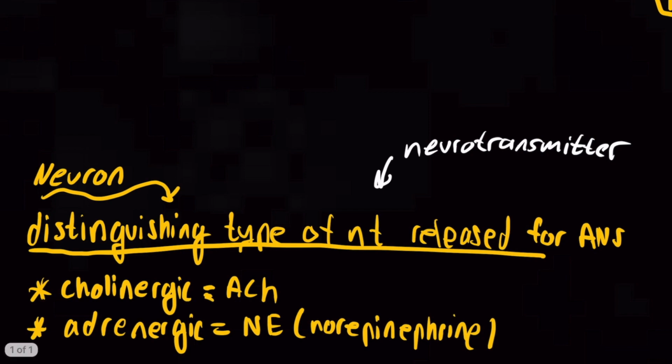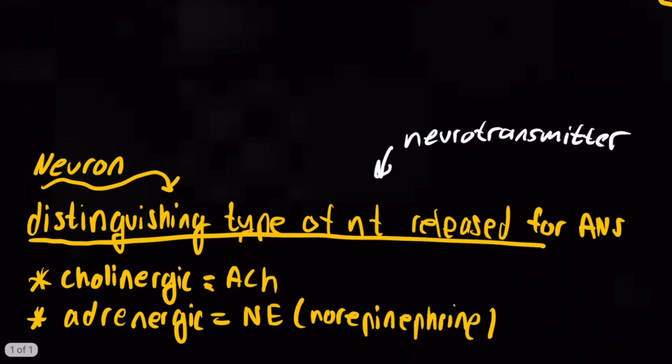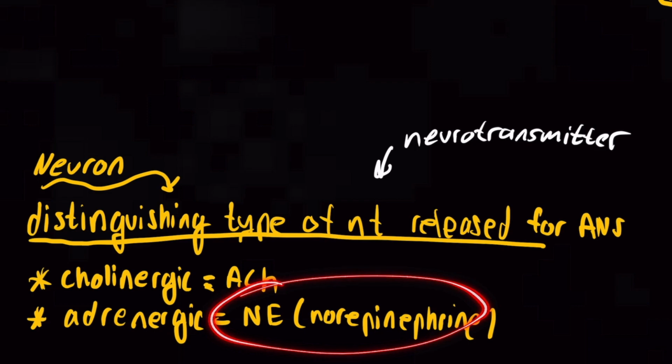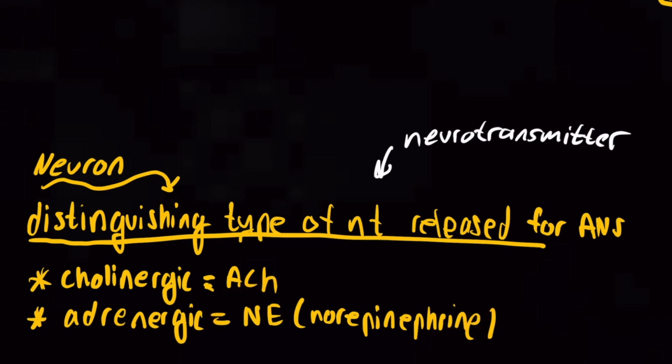So if it is sending acetylcholine, ACH, it would be referred to as a cholinergic neuron. If it is adrenergic, it would release norepinephrine. So that type of neuron will basically release the neurotransmitter norepinephrine if it is adrenergic.